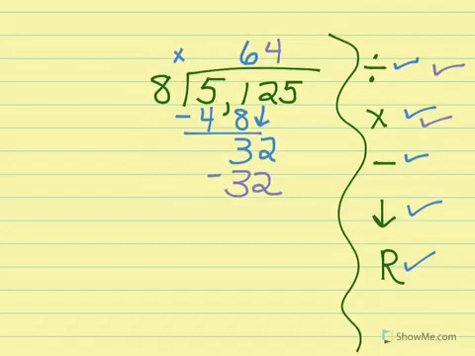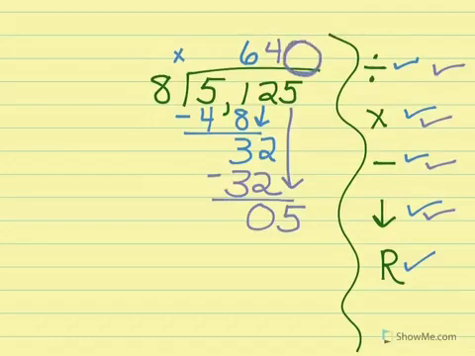Next is subtract. 32 minus 32 is 0. Then I bring down the 5. Repeat or remainder. Well, 5 is less than 8, but I still have an empty spot right here. I'm not done, so I need to repeat. So I go back to the top for divide.